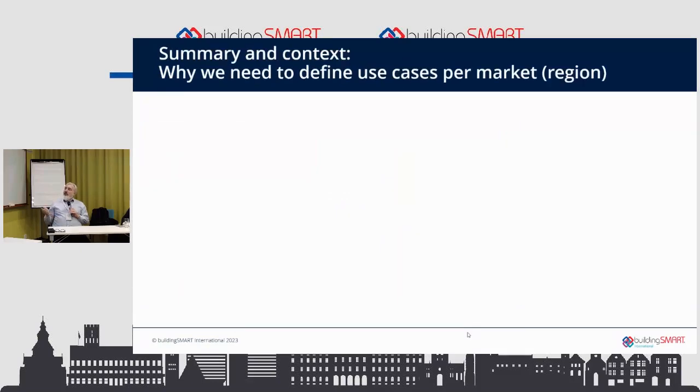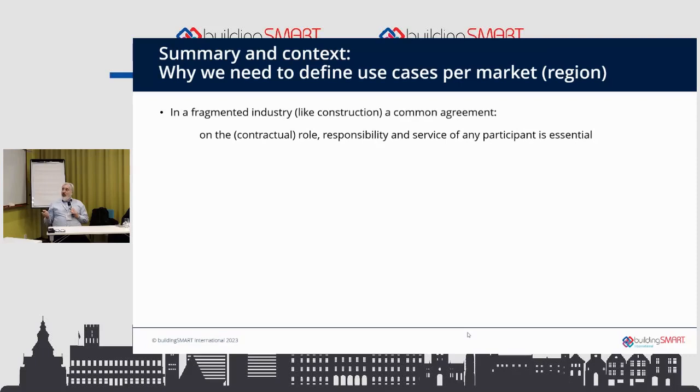So, summary in context. Why do we need to define use cases per market? Why is it not a company problem? As I told you, we have defined use cases, but nobody else understands us. And there's no need for the rest to understand us, to be honest. So in a fragmented industry, we are fragmented. A common agreement on contractual role, responsibility, and service of any participant is essential.